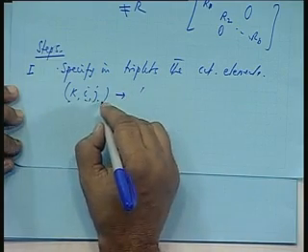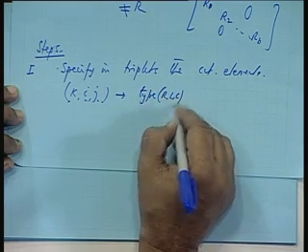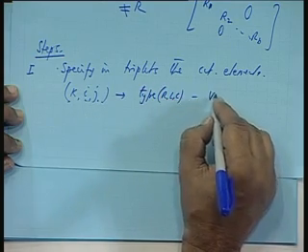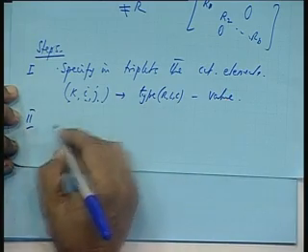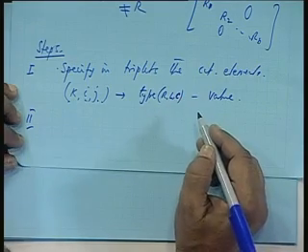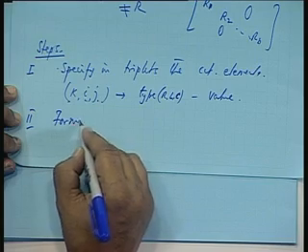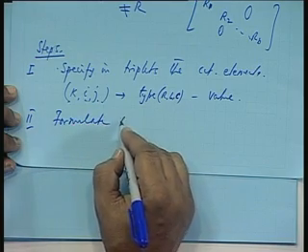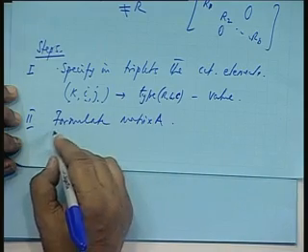So, these three, then type, that is whether R, L, C, etc., and then value. We will see how to take L, C, etc. into account. Formulate matrix A. Then obtain a tree.